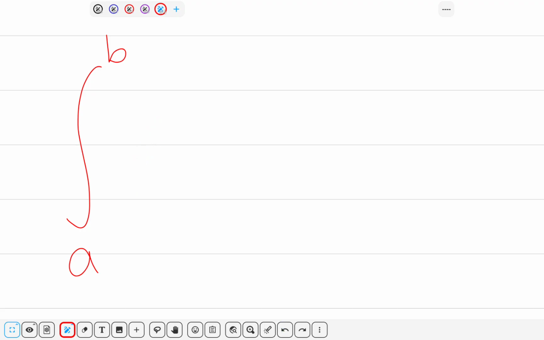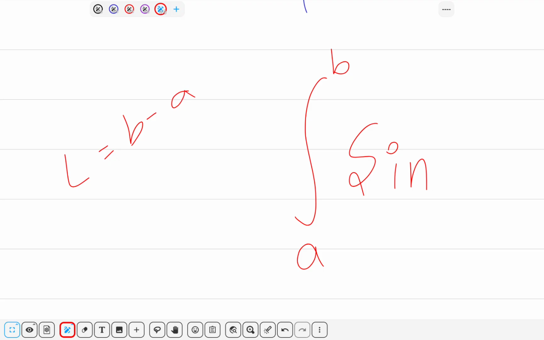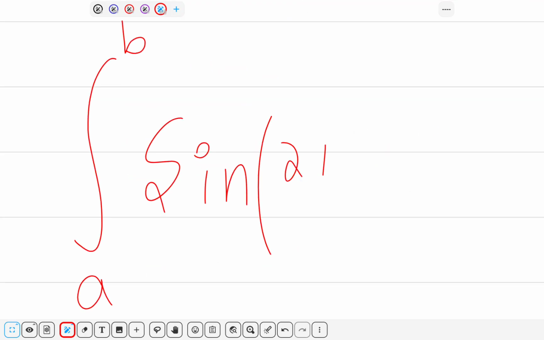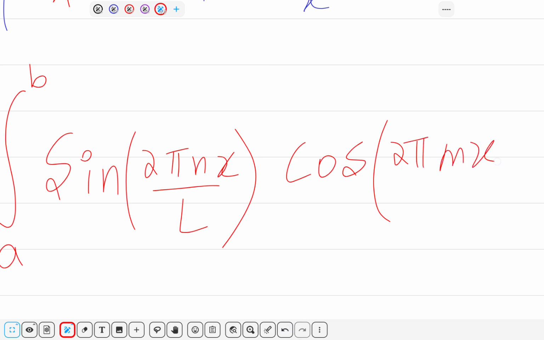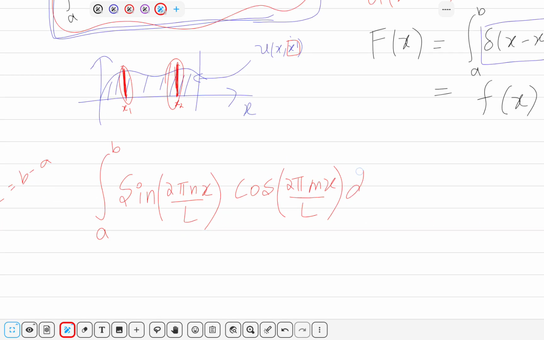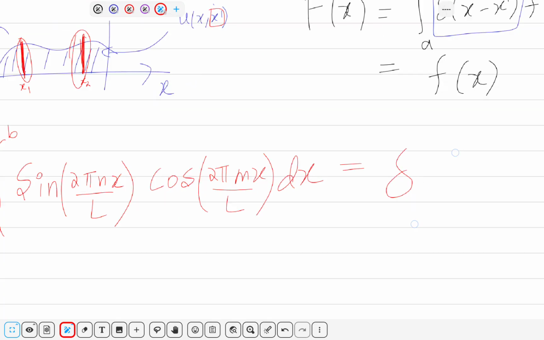You might have seen them, but let me write delta. L is equal to b minus a. I wonder if this will help. So if I do this, this actually always gives me delta of m comma n.